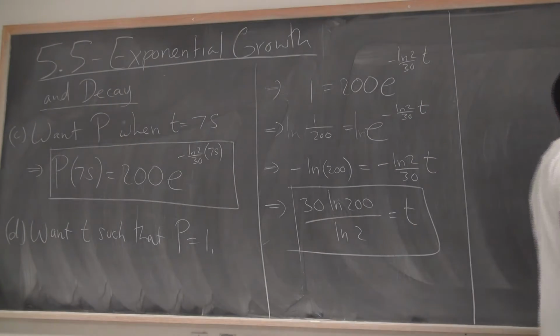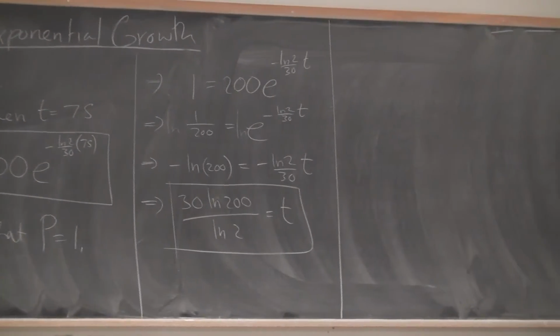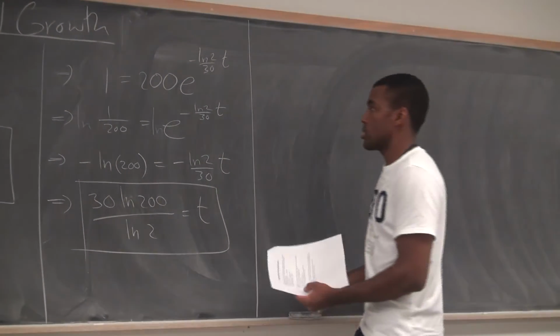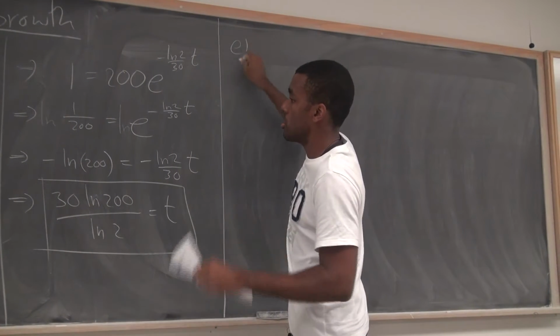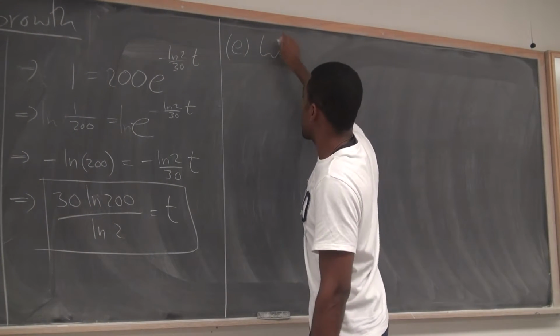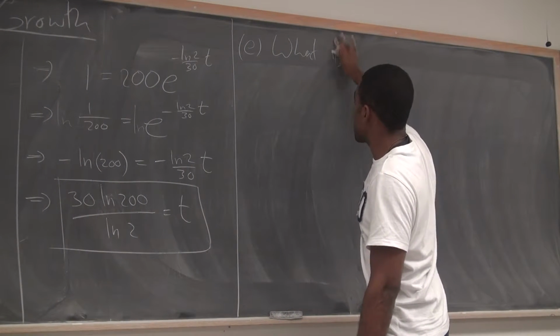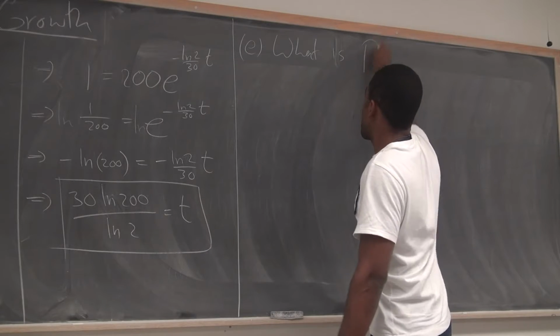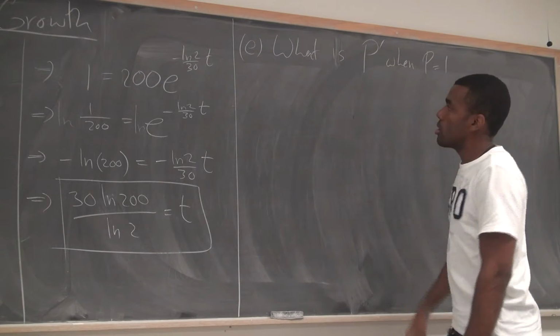What is the rate of growth at the time of D? At the time when we have 1 milligram, what's the rate of growth? This is E. What they're asking for is P prime when P equals 1.